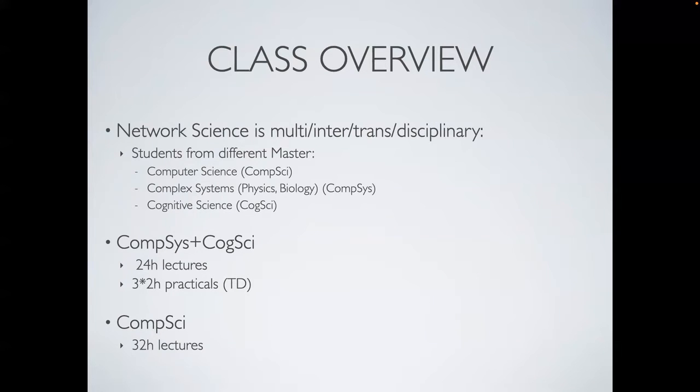On the website I also explain how the course is organized. Since you are students from different masters and don't have exactly the same requirements, there are two flavors of the course. Either you are from one of these two masters and you have 24 hours of lectures and 6 hours of practicals, or you are from computer science and you have only 32 hours of lectures.